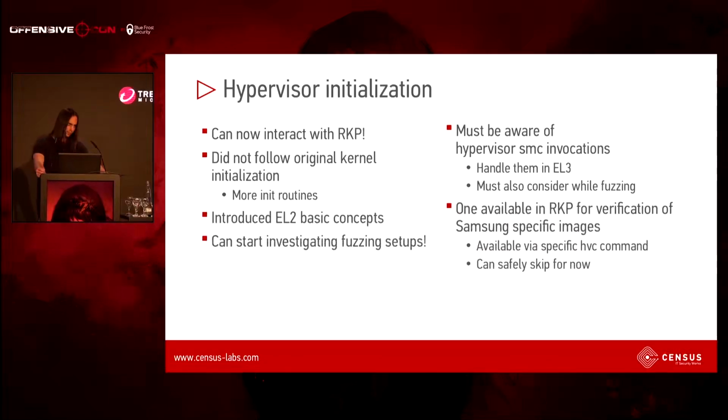In RKP specifically, in this specific target, there is only one available, which has its own HVC command and is related to verification of various images that are loaded from the disk, and we can leave that for now.